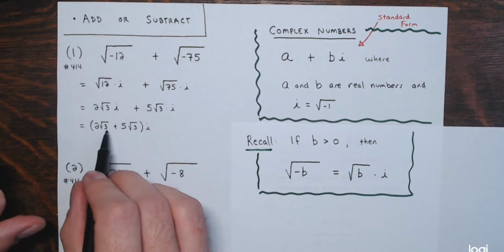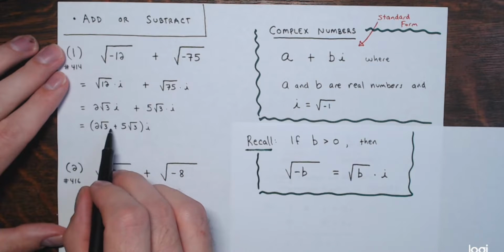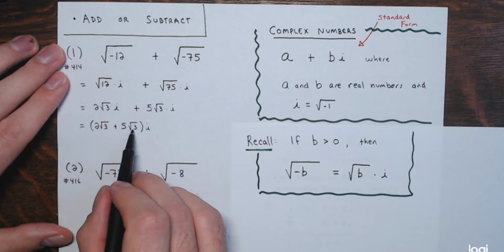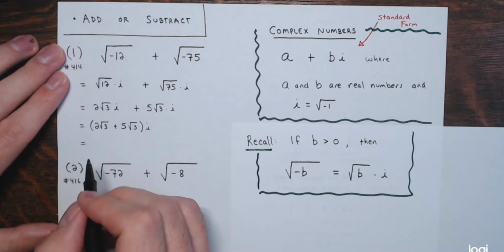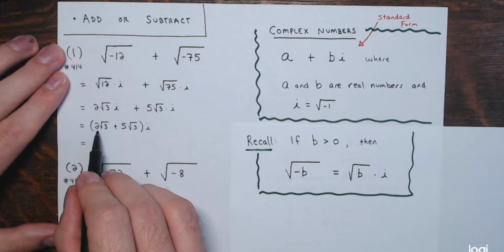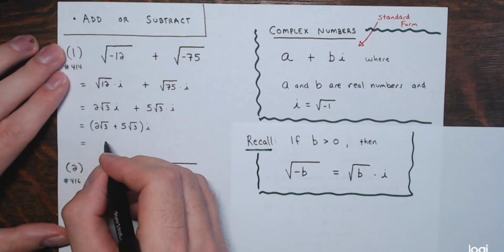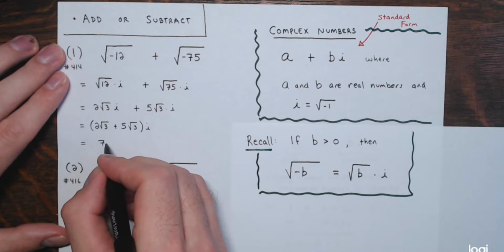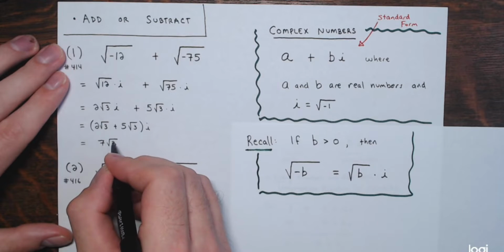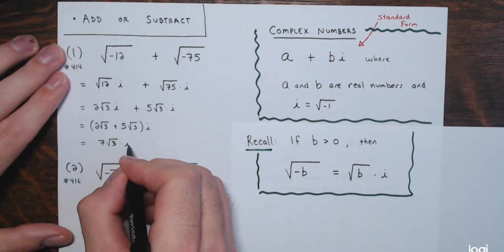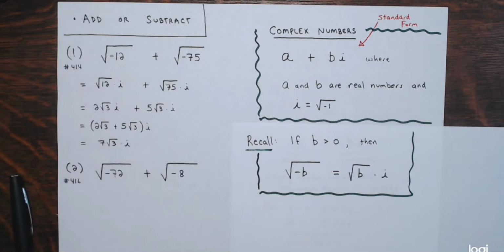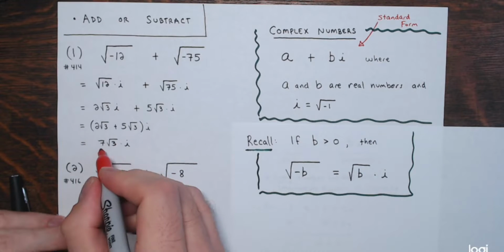You could leave it like this if you want, but these radicals are like radicals. They both have the square root of 3, so I can put them together. 2 root 3 plus 5 root 3 is 7 times the square root of 3 times i. And there we go. That's our final result. That's as simple as that gets.